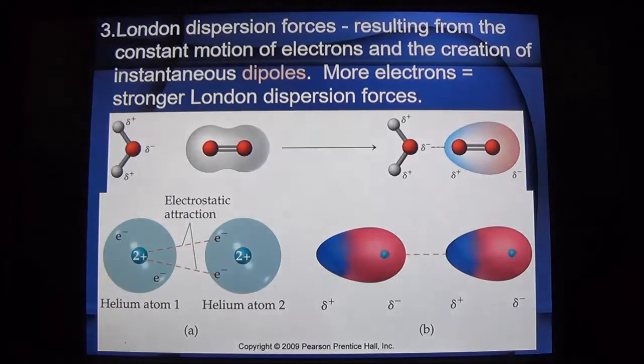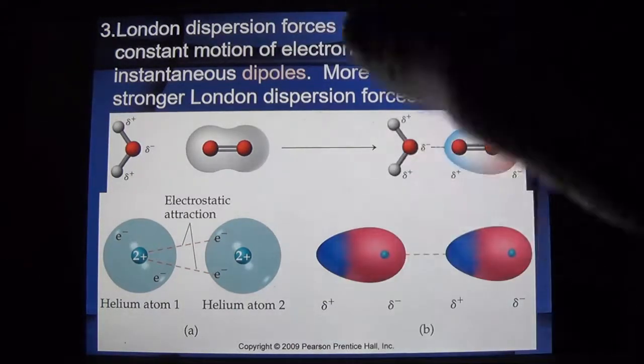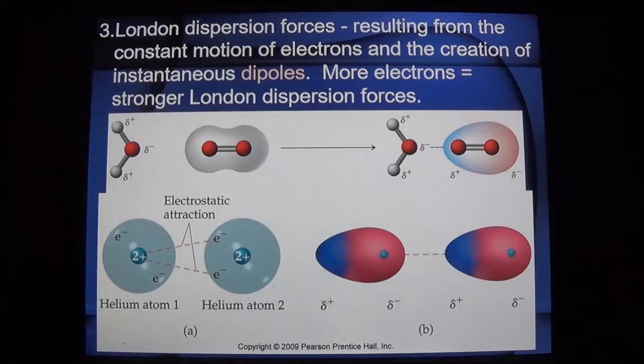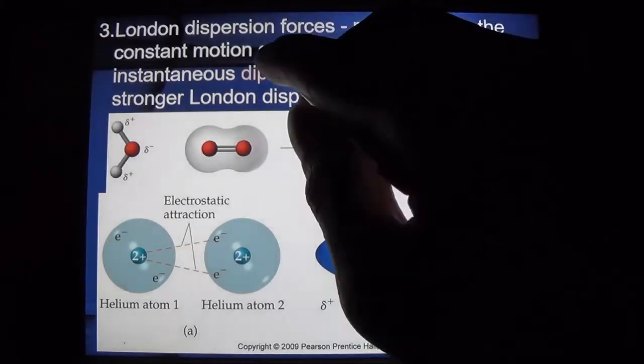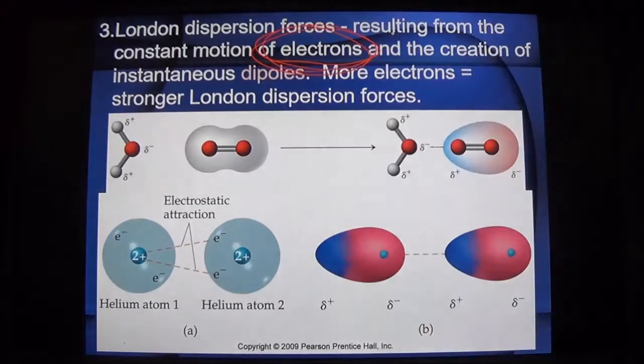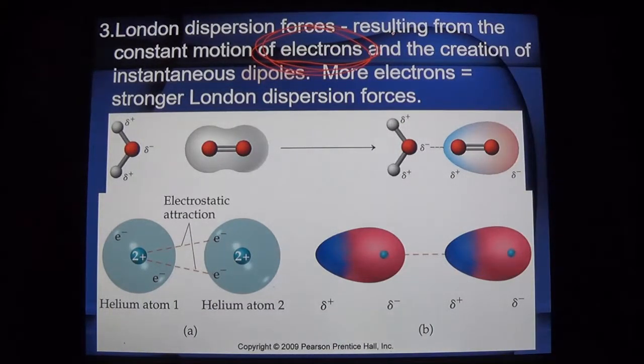Okay. Then the third type, so we're still in that covalent bonding column. The third type of intermolecular force are the London dispersion forces. London dispersion forces result from the constant movement of electrons. So catch this. What do you need for London dispersion forces? Electrons. Name one element that does not have electrons. You can't, because they all have electrons. Hydrogen has one, yes, that's not many.